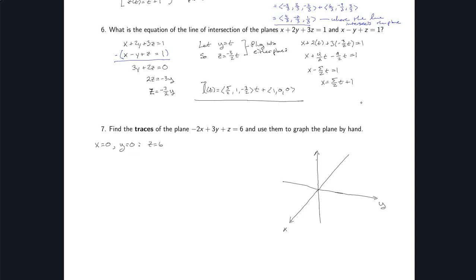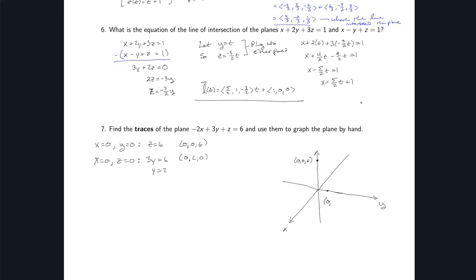So that's the point 0, 0, 6. If x is 0 and z is 0, then we get 3y equals 6 or y equals 2. So that gives us the point 0, 2, 0.